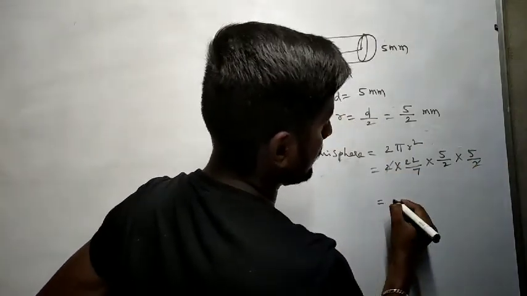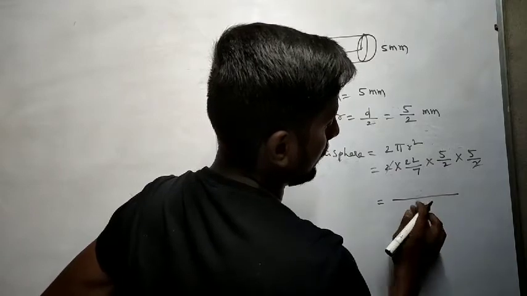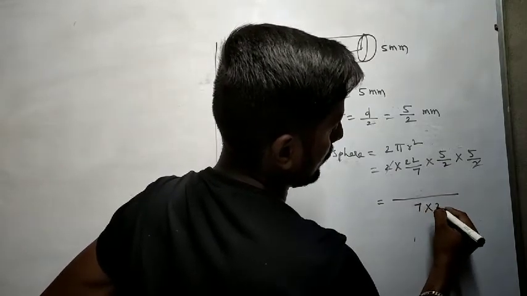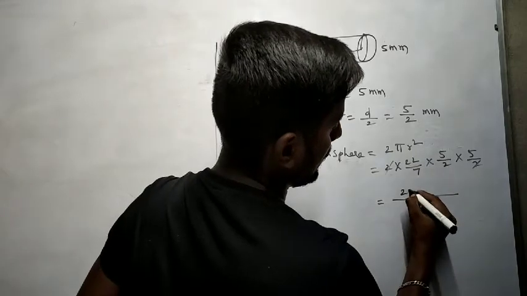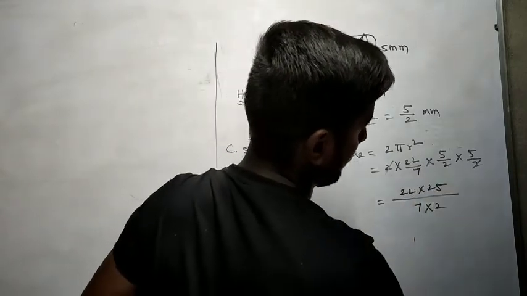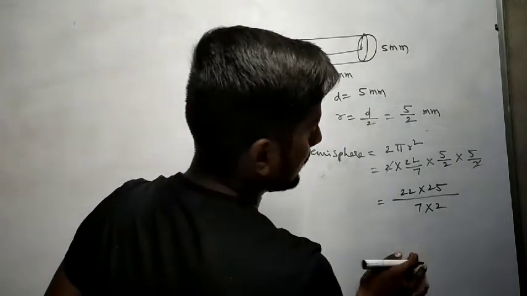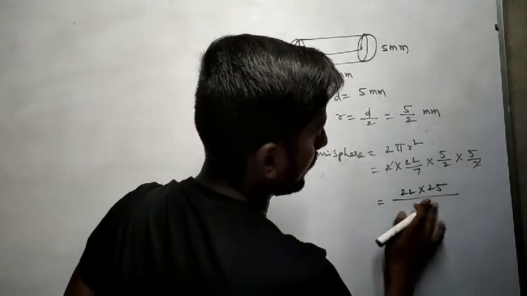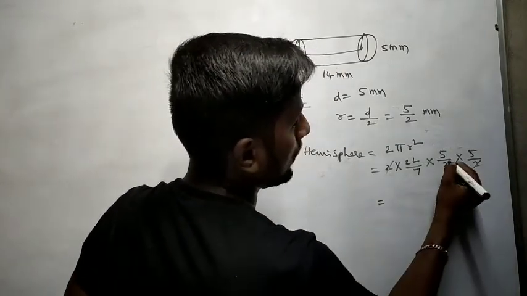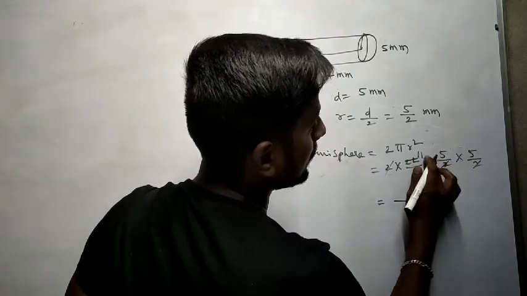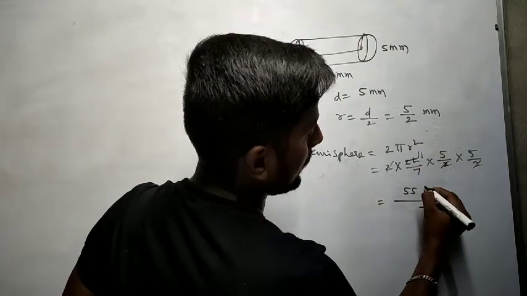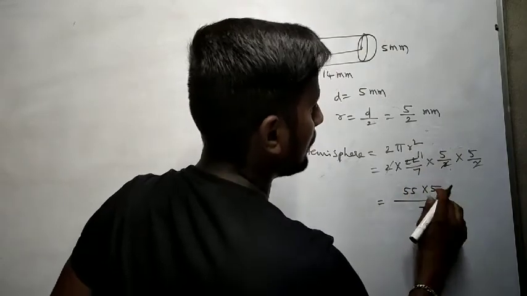So by 7, and we'll write 22 into 25. Cancellations again we'll make. 2 ones are 2, 11 times, by 7 as it is. 11 5s are 55 into 5.